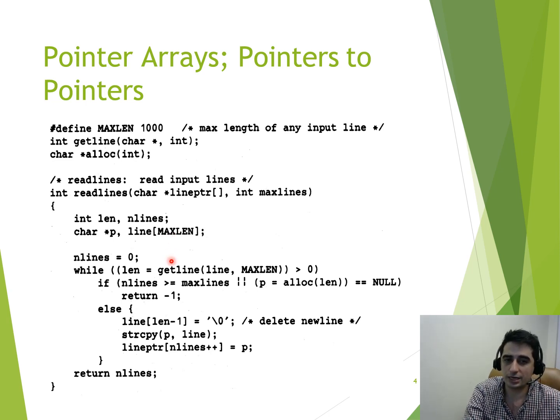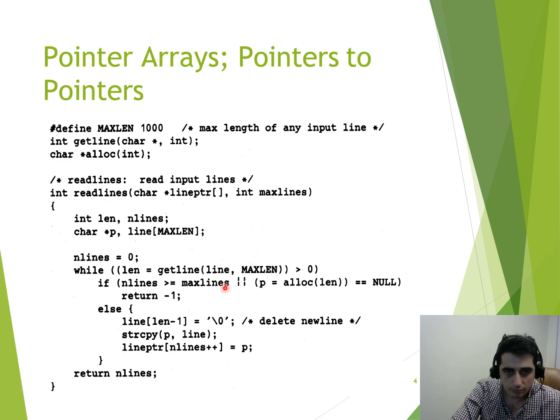So in any case, after you get the line, you check whether the number of lines is not exceeding the maximum number of lines that we have. That's a limit, just for practical reasons, and because we want to make sure that the user doesn't enter too many lines.